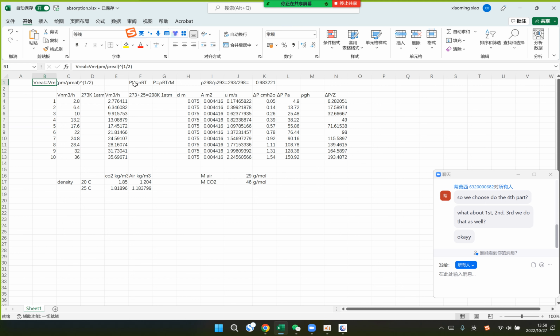Because PV equals nRT, P equals rho RT divided by M. So the temperature difference and the density difference change inversely.